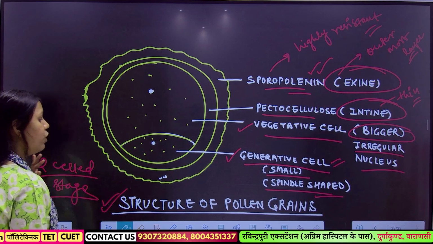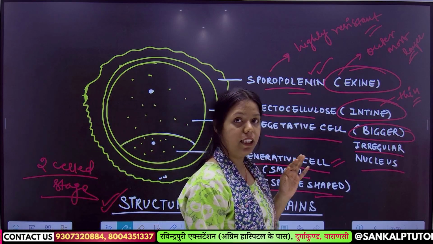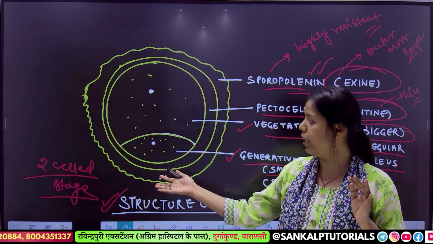In most angiospermic plants, pollination takes place at the two-celled stage.